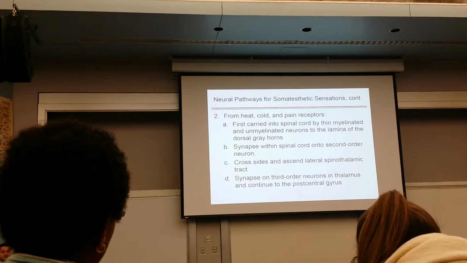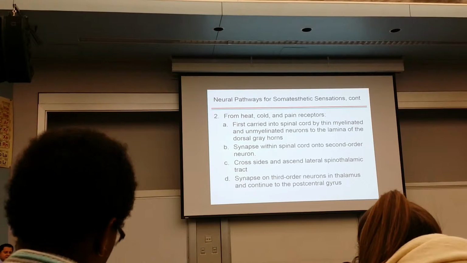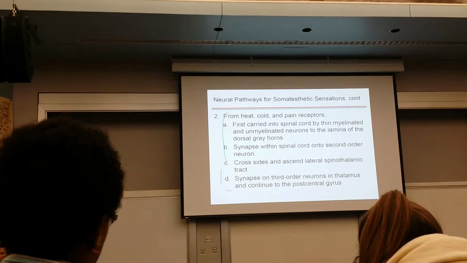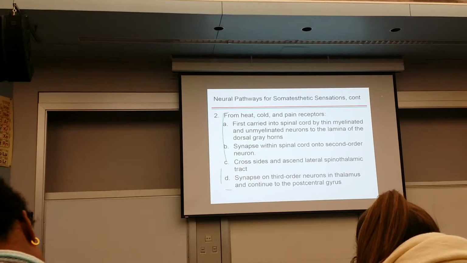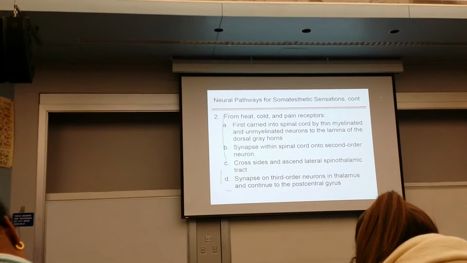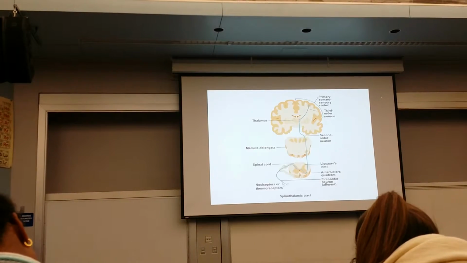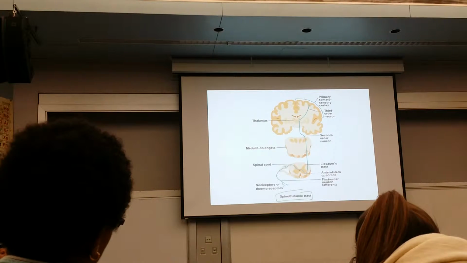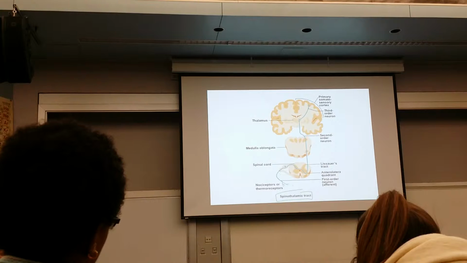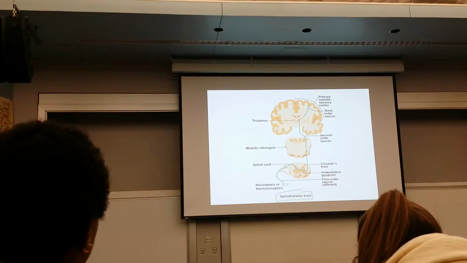So, I don't know, this is very confusing, and I'm sorry, this slide is horrible. But this just summarizes the other pathway that I really want to talk to you about. Okay? So we're going to talk about the spinothalamic tract. What is this spinothalamic tract? This is the other important tract that you need to know about the somatosensory system.